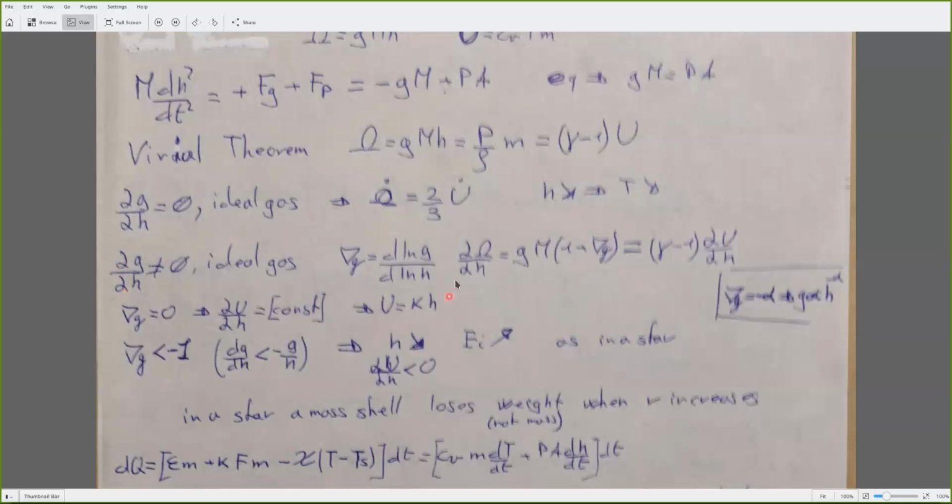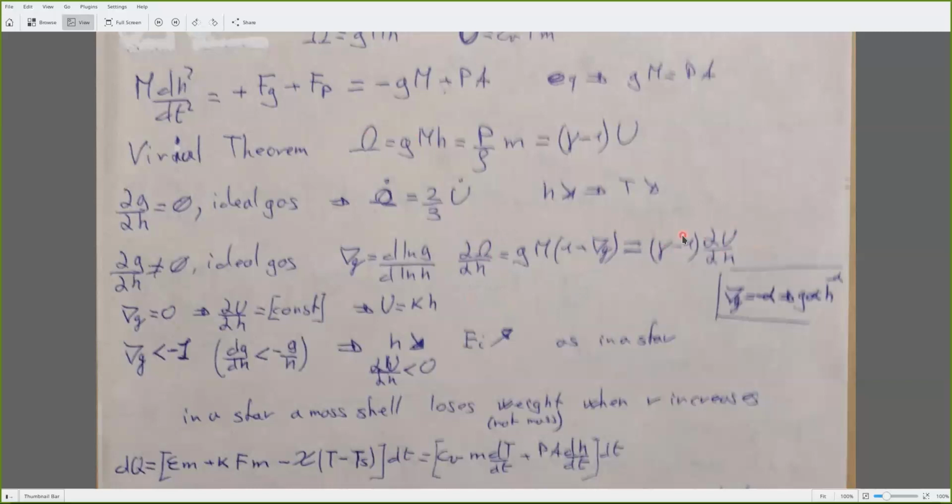Using an ideal gas, put in this way, the gradient of the gravity is the logarithmic gradient between the gravitational acceleration and the height. So if you differentiate the potential energy with respect to the height, we have this relation that we know, so we have also this one.